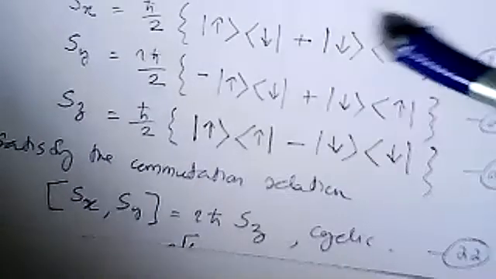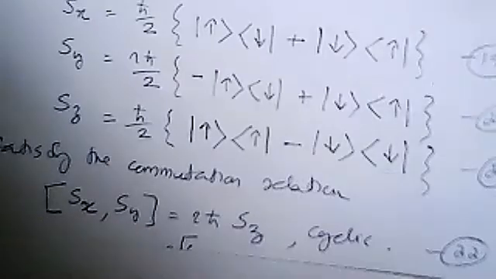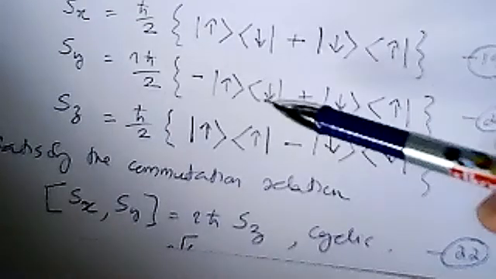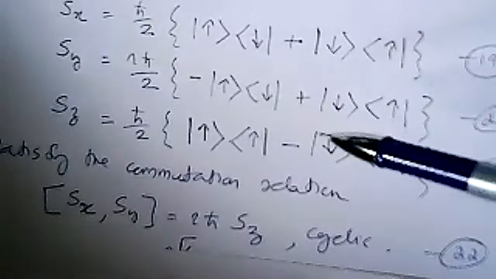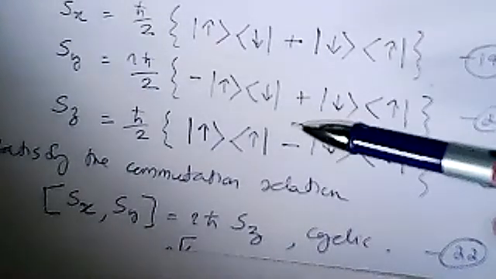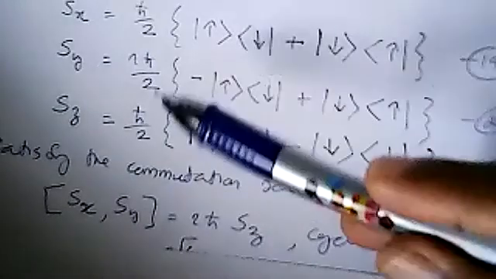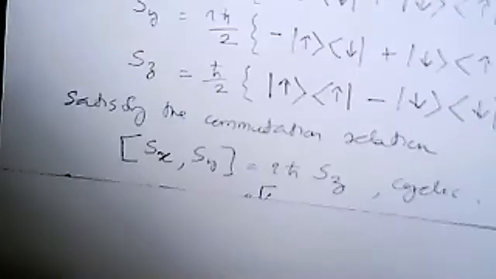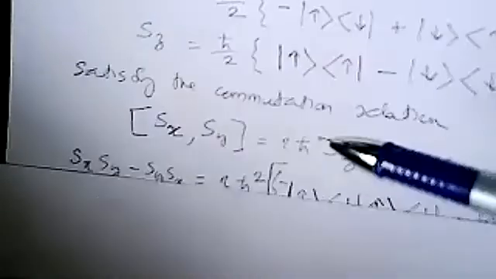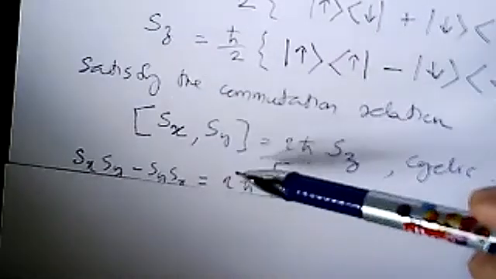If you choose Sx and Sy like this, these definitions, which we are cleverly choosing, will automatically make Sx, Sy and Sz satisfy our definition of angular momentum, [Sx, Sy] = iħ Sz and cyclic.